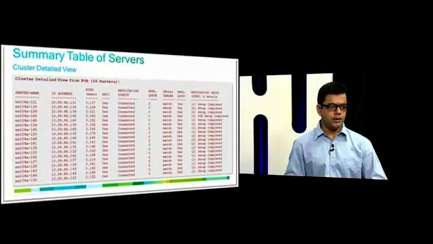Now, looking at each one of these, I'd like to briefly talk about what they really mean. The cluster detailed view of pub, which in this example is 18 servers, shows how many servers are believed to be in the cluster. The next is server name, which is the name of the server.